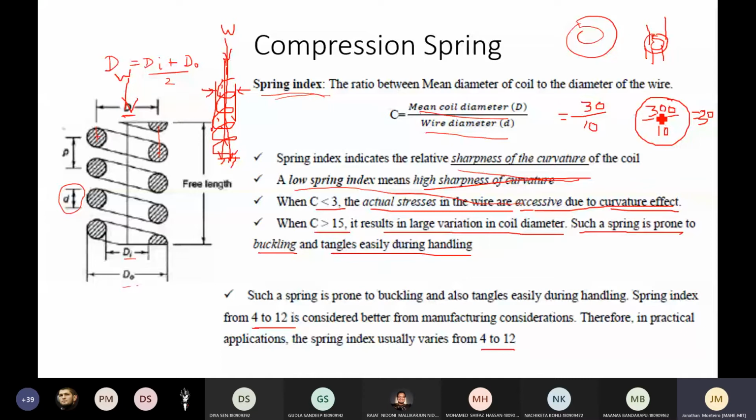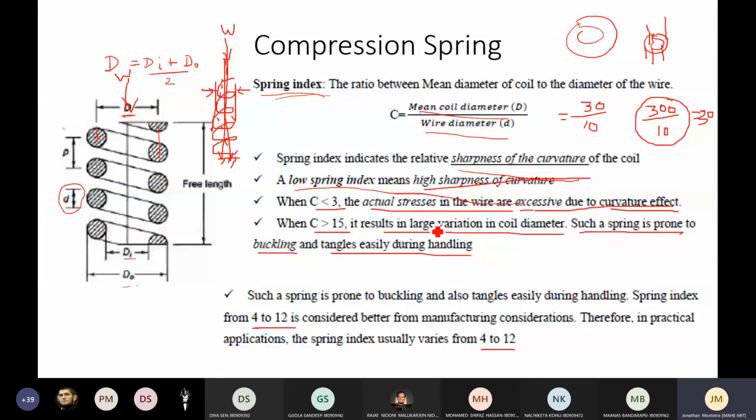The coil is 300 mm diameter, but the wire itself is only 10 mm diameter. So such large variation with respect to each other, it is always relative. See what you are actually doing: you are comparing the coil to the wire. C is the one quantity. So you can have a spring where it is a very large coil, but the wire diameter is thin.